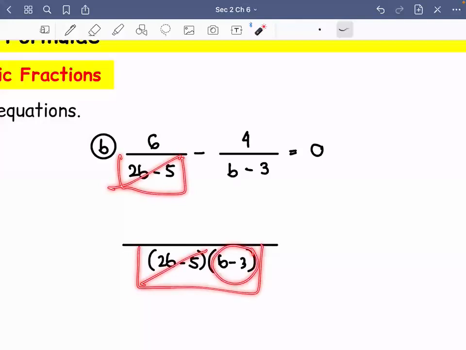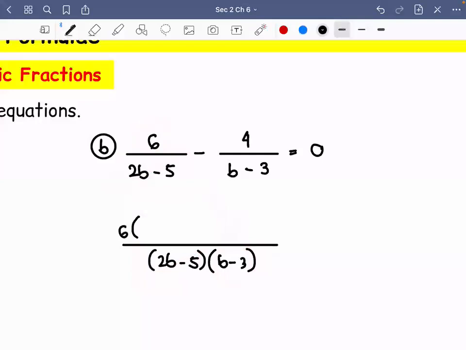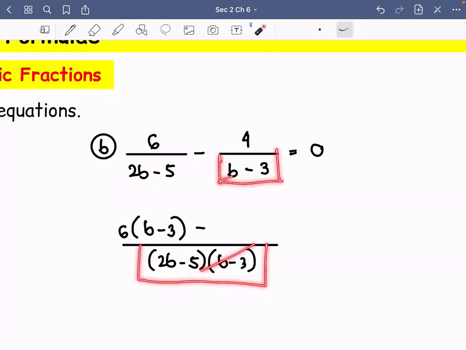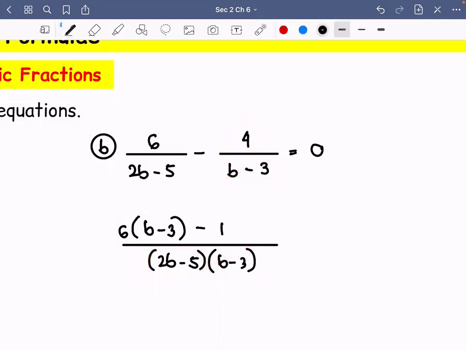It becomes 6 times b minus 3, and then minus, again, 2b minus 5 times b minus 3 divided by this, so this gets cancelled. What's left is 4 times 2b minus 5, equals 0.